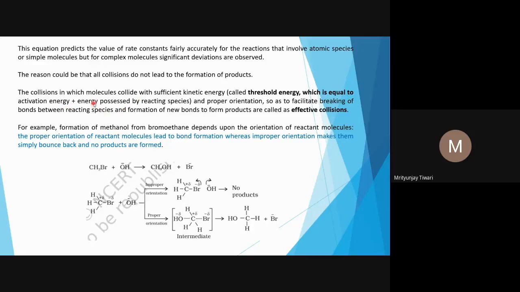So the collision in which molecules collide with sufficient kinetic energy, and so the term effective collision comes. Not only the collision but the effective collision determines the rate of reaction. And how is the effective collision defined? The collision in which molecules collide with sufficient kinetic energy, and that kinetic energy is called threshold energy, which is equal to activation energy plus the energy possessed by reactant molecules.